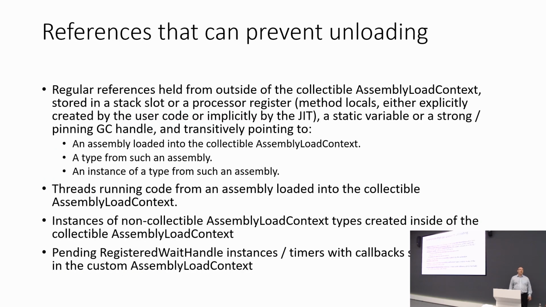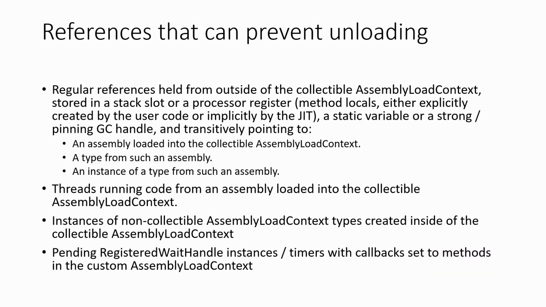So now, what can be preventing unloading? That's what you will have to debug if you have problems. It can be regular references that are held from outside of the unloadable or collectible assembly load context.